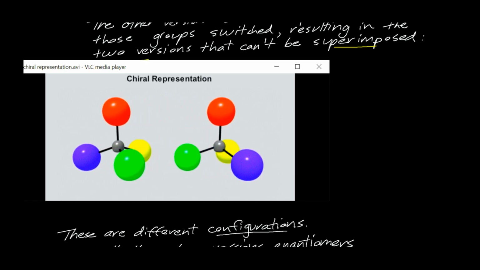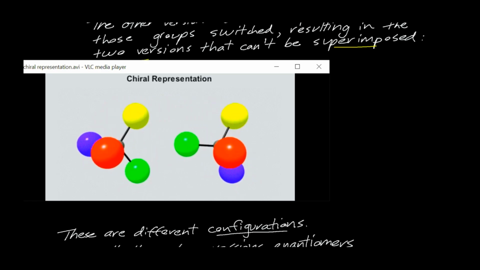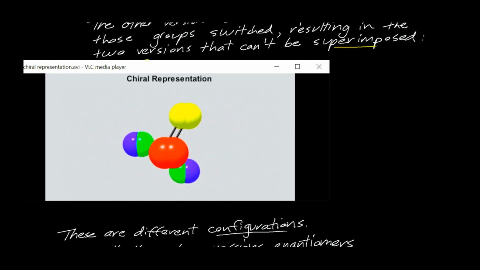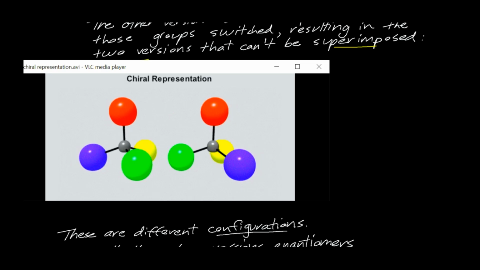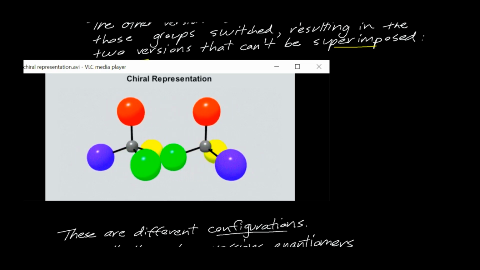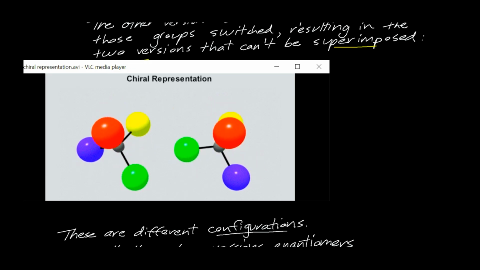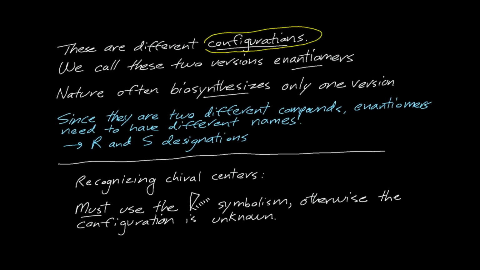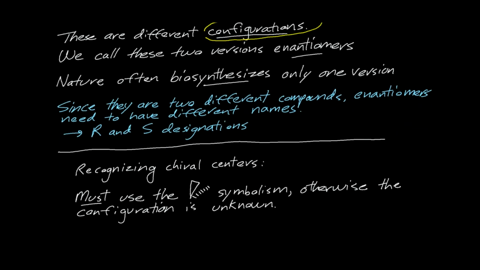Proven to be different because they can't be superimposed. So we call these as having two different configurations. That's a really important term. Configurations rather than conformations.